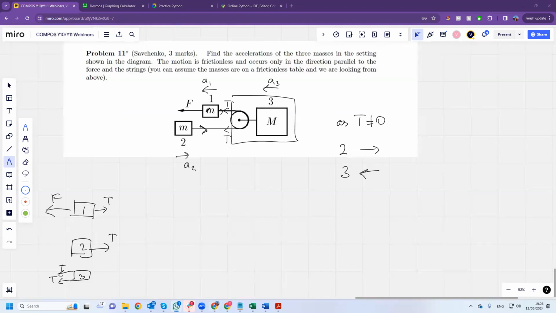And yeah, you can work out the link. You need an equation linking A1, A2, and A3. You need to use displacement. So imagine 1 moves 1 meter to the left. What happens then?